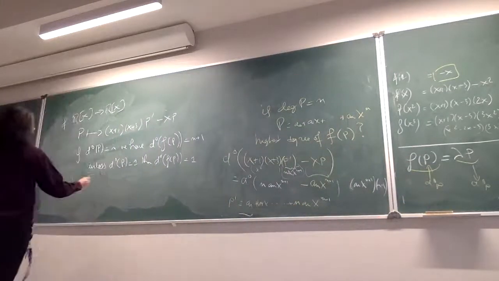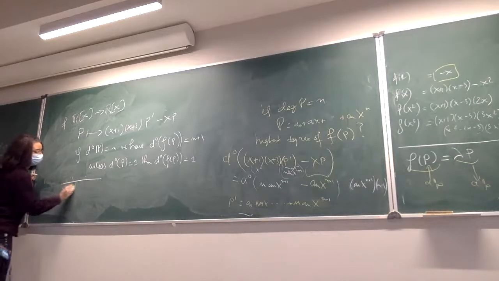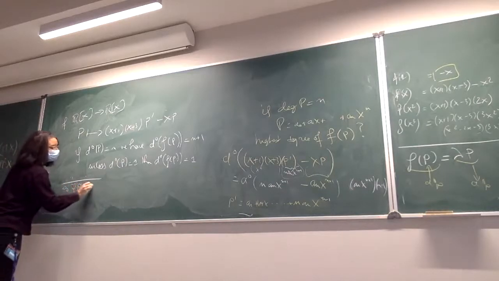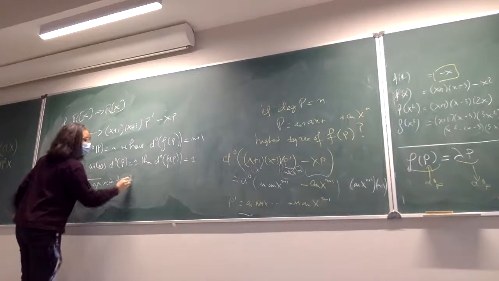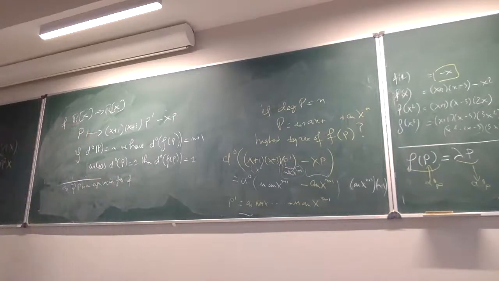Okay, so if P is an eigenvector for F, the only possibility is that P has degree 1.